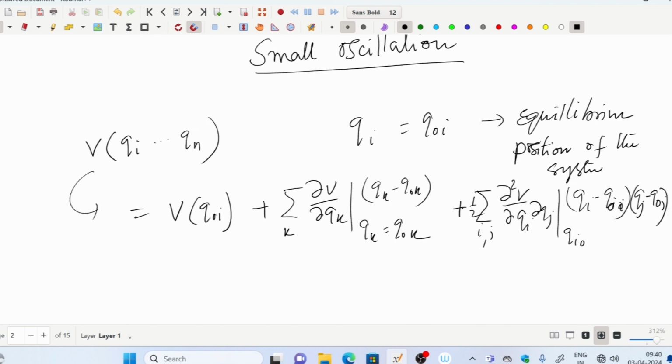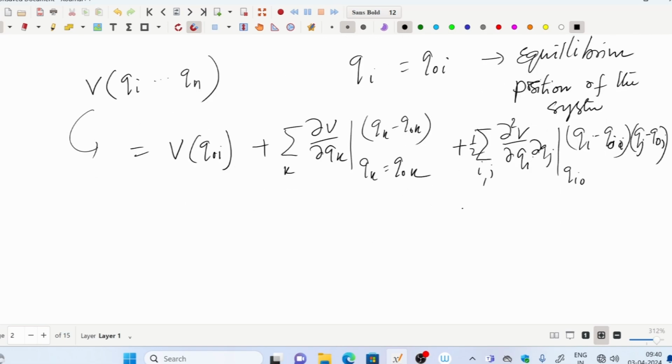We argued that this expression, without loss of any generality, can be written as half sum over i and j of Vij qi qj, where Vij is a symmetric matrix.